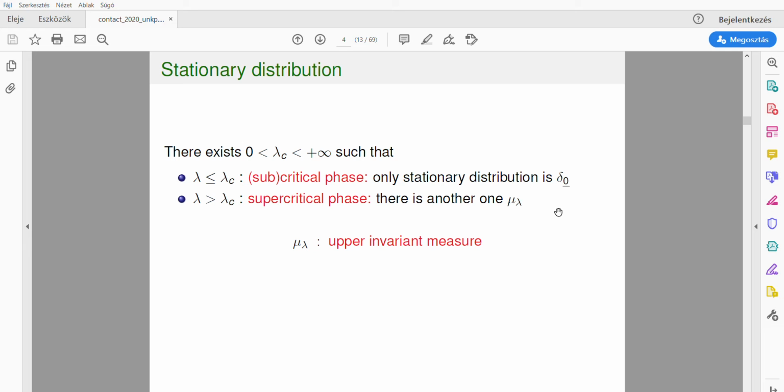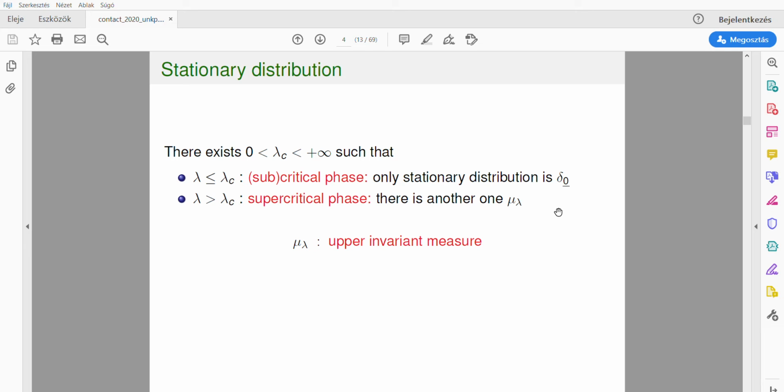The reason why it's called upper invariant measure is that the easiest way of obtaining this stationary measure is by starting from an initial configuration when everyone is infected, and running the contact process starting from this initial state.